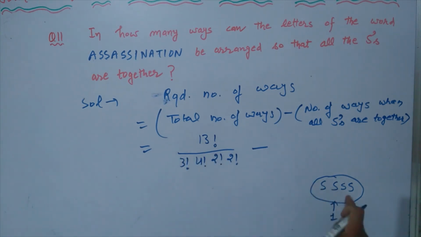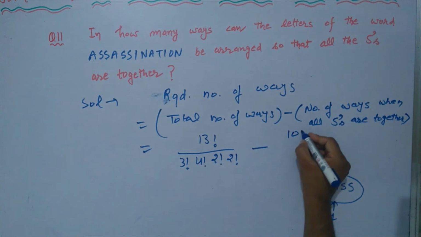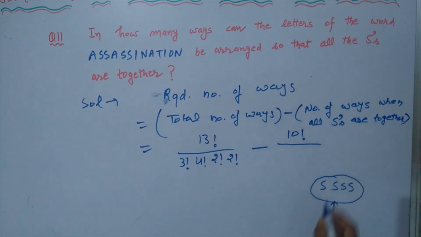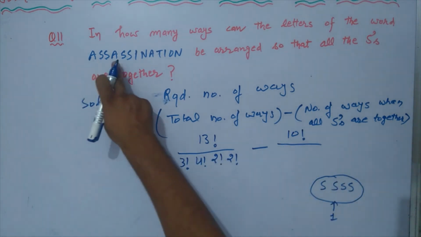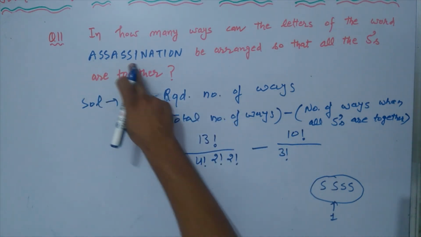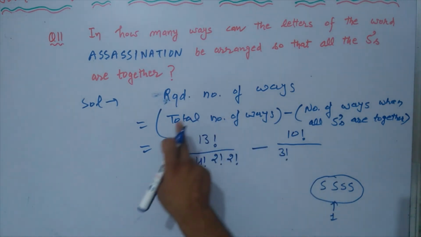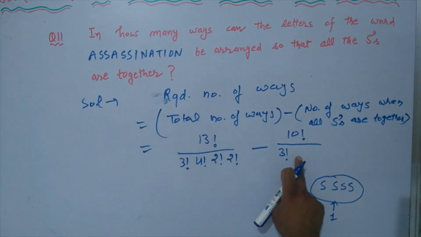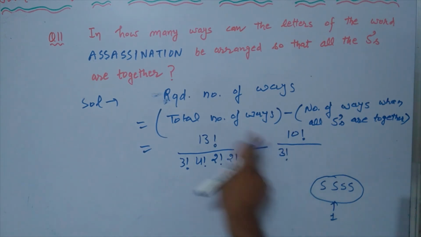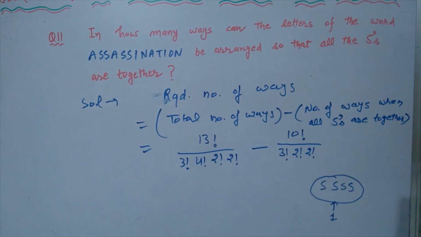Out of 13 we subtracted 4, we are left with 9 plus this 1 letter, that is 10. Total we have 10 letters. 10 factorial divided by A repeated 3 times. Now we cannot count S as 4 letters because they are considered equal to 1 letter. So 4 factorial will not be counted here now. Next is 2 factorial into 2 factorial.